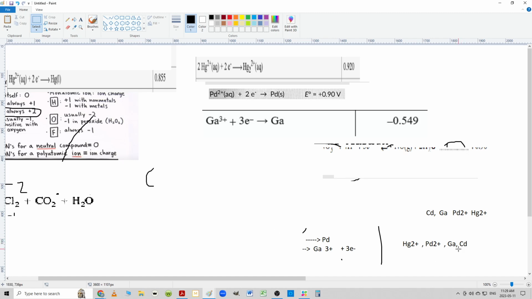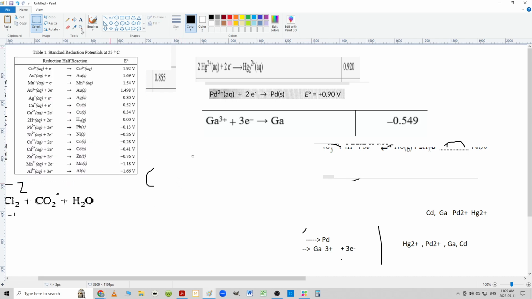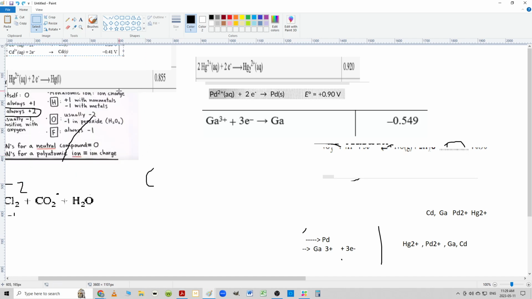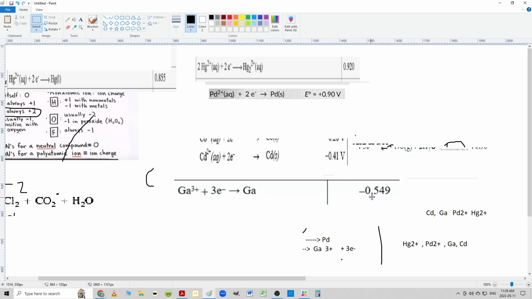And then finally, the last one we're looking up is cadmium, Cd. And we have to use our image again, and we can see it right here. Now, this would imply that it is actually above. Oh yeah, that's right. That's what it should be.